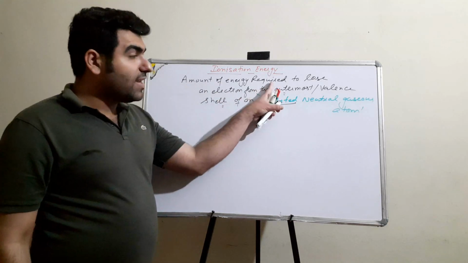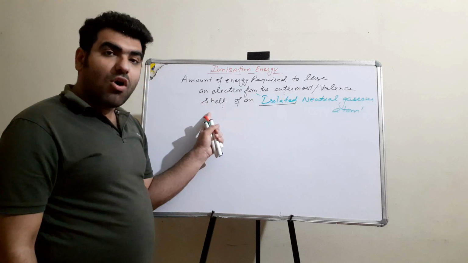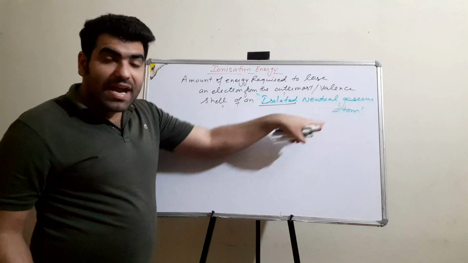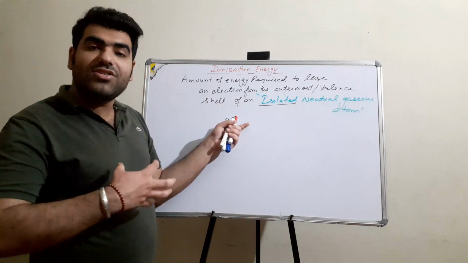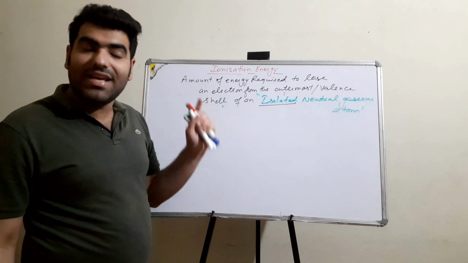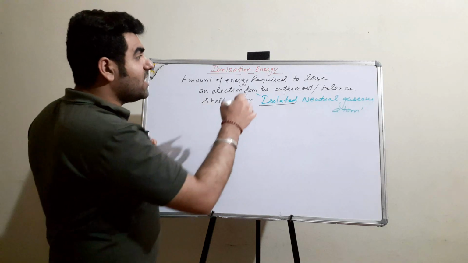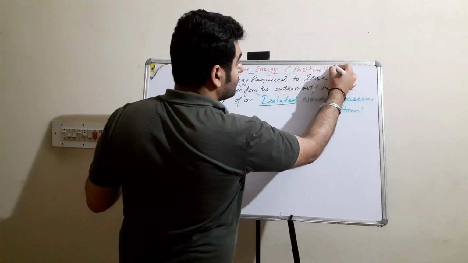So the amount of energy which is required to lose an electron from the outermost or valence shell of an isolated neutral gaseous atom, this atom will absorb this energy, and by absorbing that energy it will lose its electron.